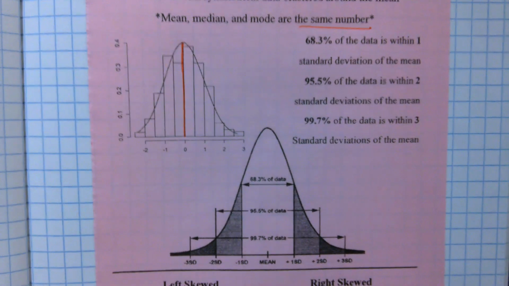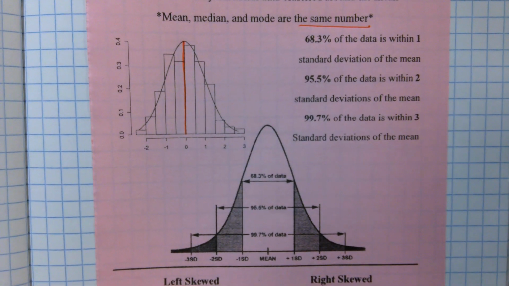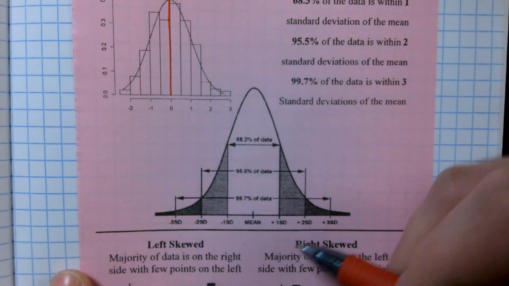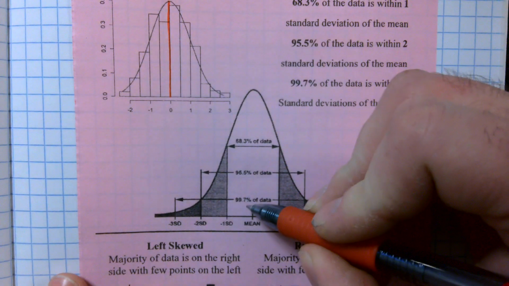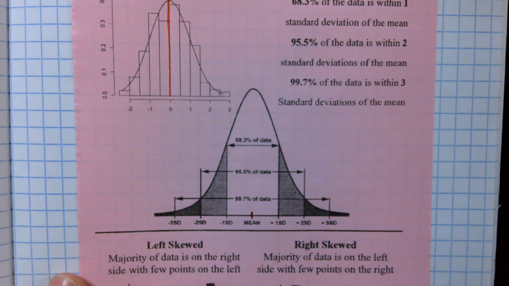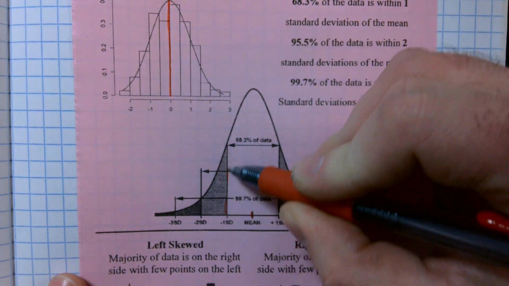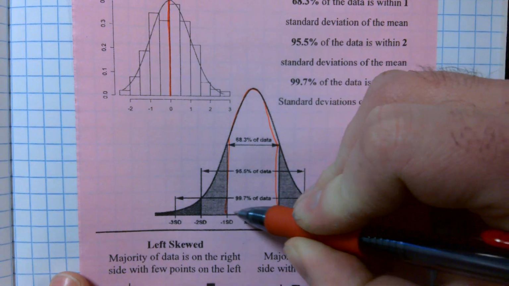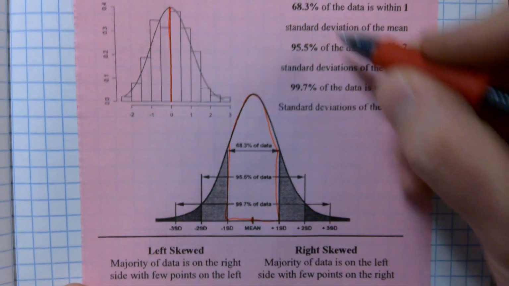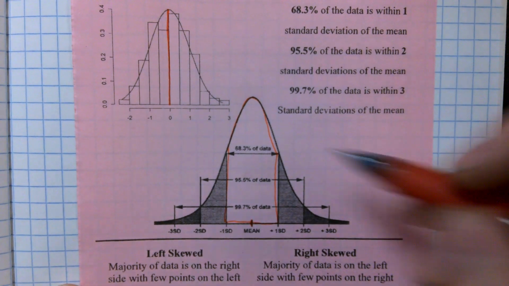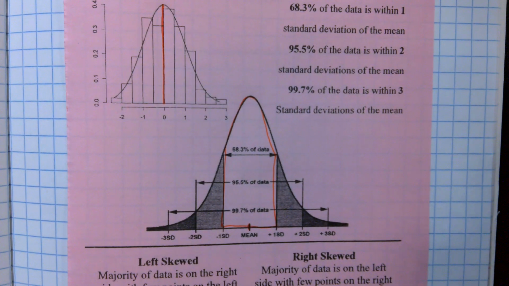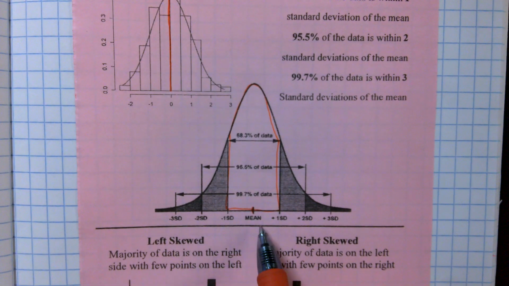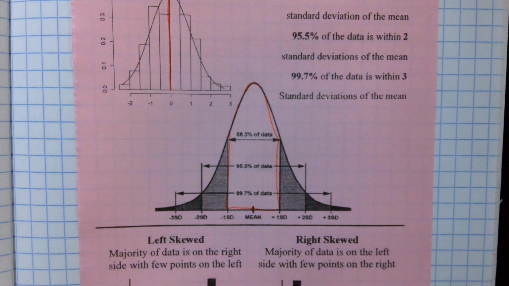So where standard deviation really comes into an applicable way in stats is with normal curves, because in a normal curve, here's the mean, right? This center block of any normal curve is 68.3% of the data, and that's one standard deviation to the left, one standard deviation to the right. So you see minus one standard deviation, plus one standard deviation.